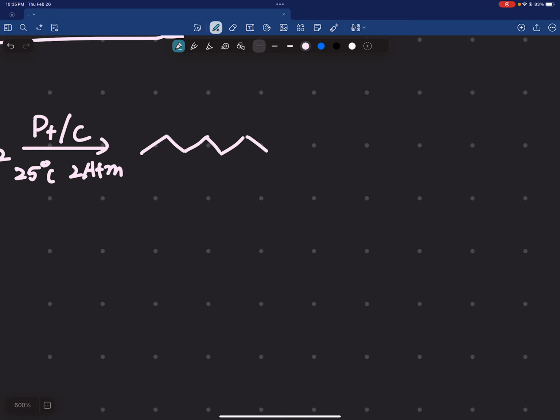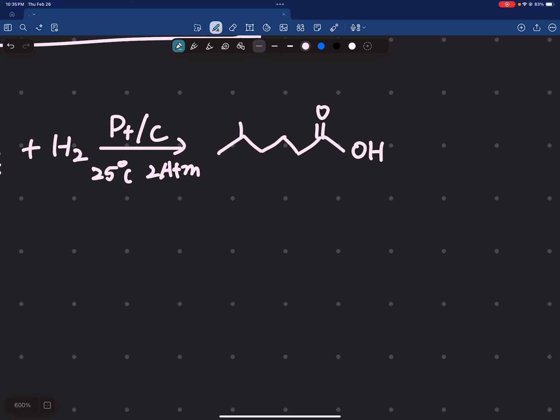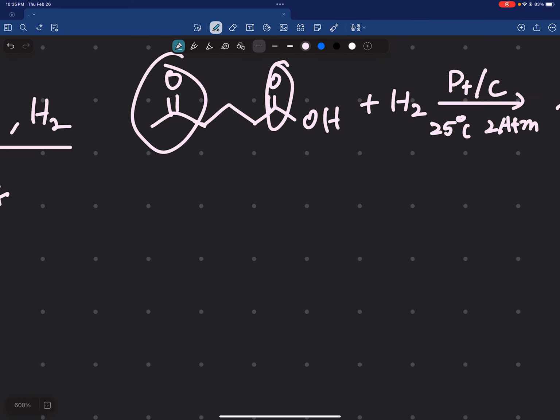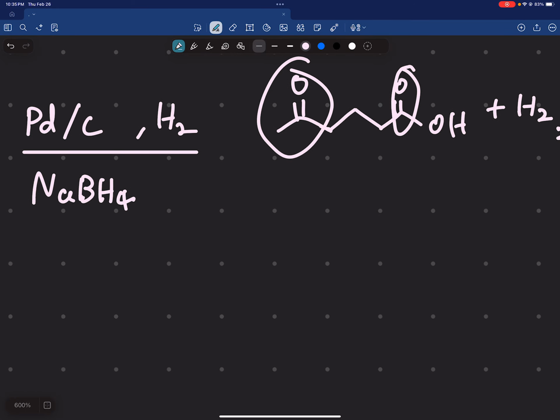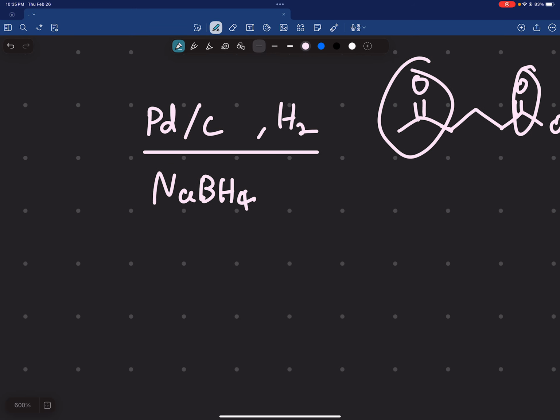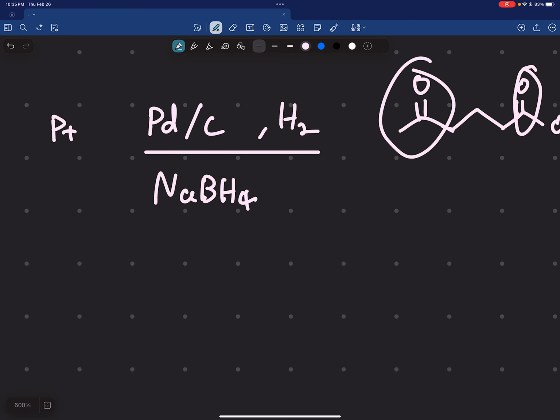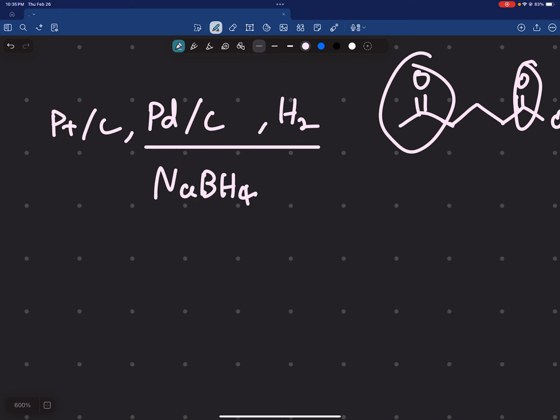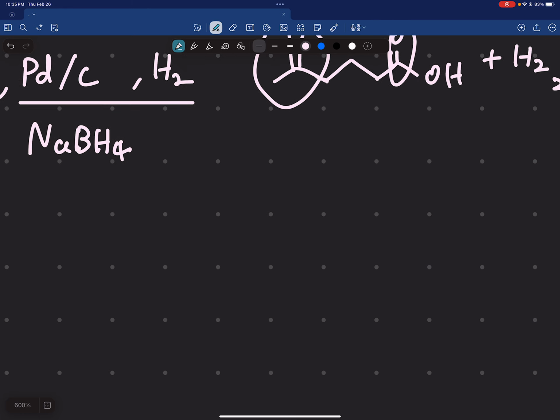It will keep our carboxylic acid group, but reduce that ketone to an alcohol. So that is one way you can selectively reduce in the presence of carboxylic acids.